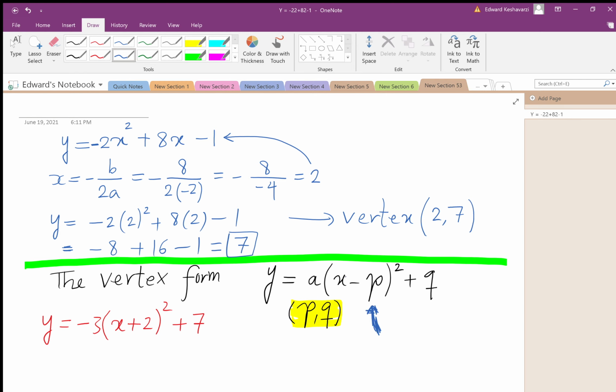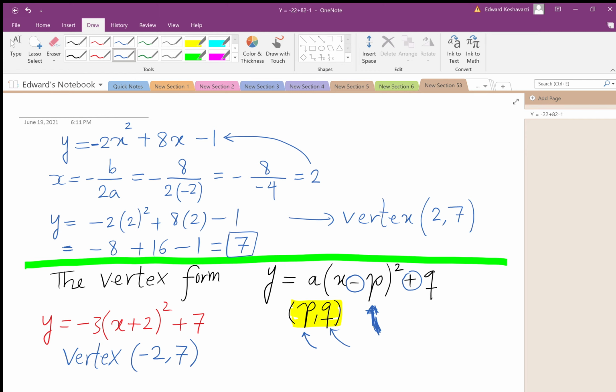Because here p is negative in the formula, but in here it is positive. So we switch p, but we keep q, because q here is positive, and we also have it positive in the formula. Therefore the coordinates of the vertex would be negative 2 and 7. We switched p, we keep 7, which is q.